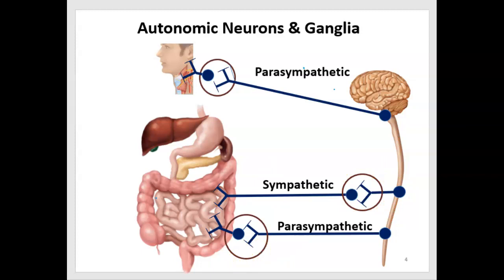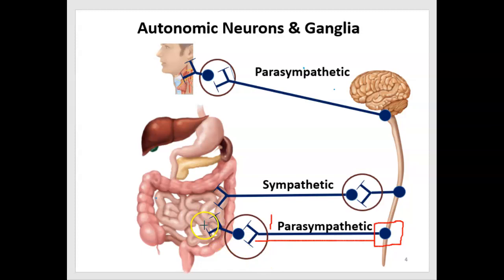And just to be complete, I listed another example of a parasympathetic pathway that begins not in the brainstem but in the sacral spinal cord. The same thing is going to be true. The first neuron is going to be very long, almost reaching, if not completely reaching, the organ that is to be innervated.